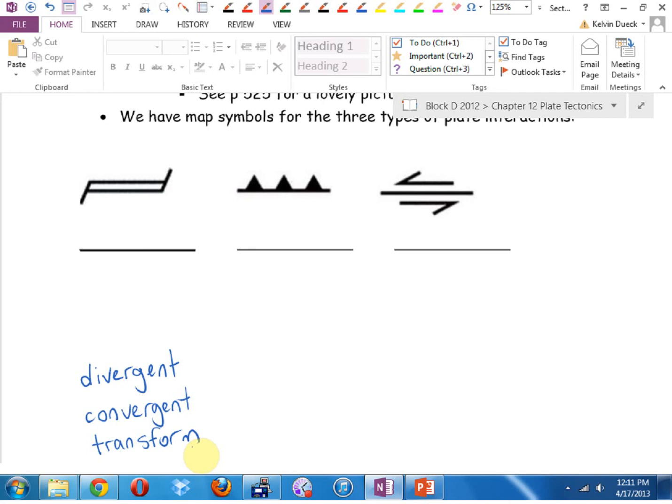First of all, when convergent plates get pushed together, what do they form? Mountains. Which one of those 3 symbols looks like a bunch of little mountains? Okay, the middle one. That's the symbol for a convergent plate area.